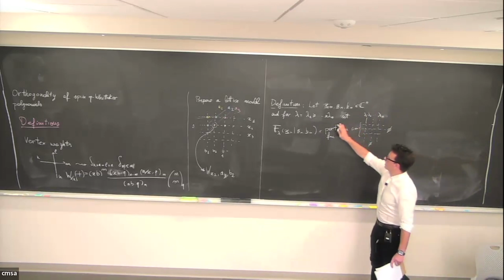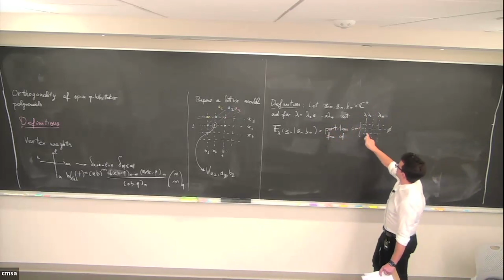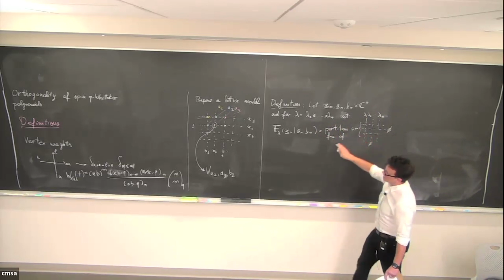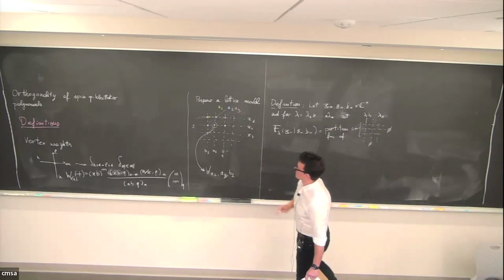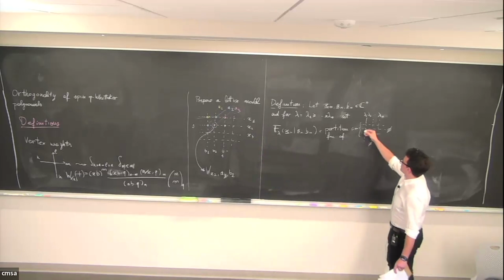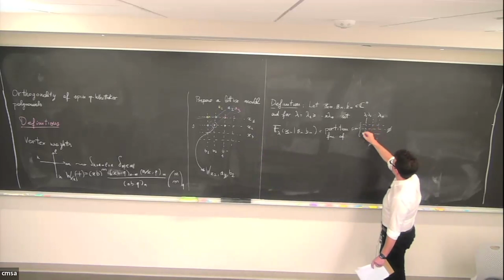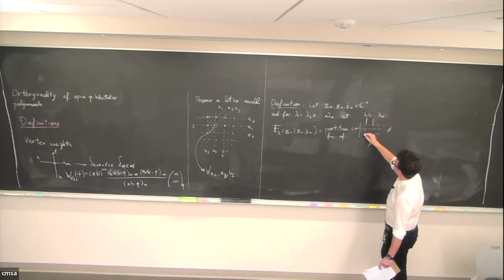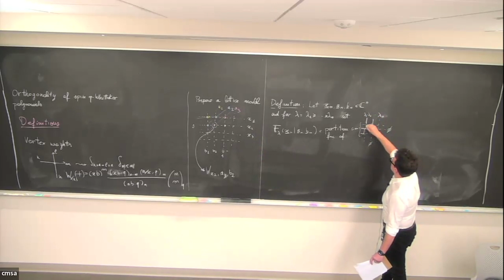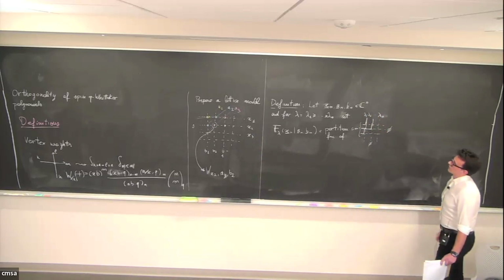So the partition function means that at each vertex we associate a vertex weight with parameters as described here, and we have to sum over all of the possible configurations. For example, for the case where there are two paths going out from here and one path coming out from here, one possible configuration might be something like this.